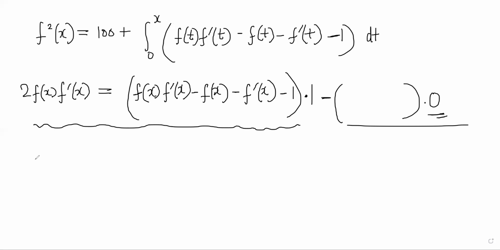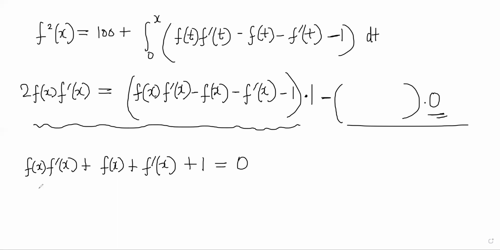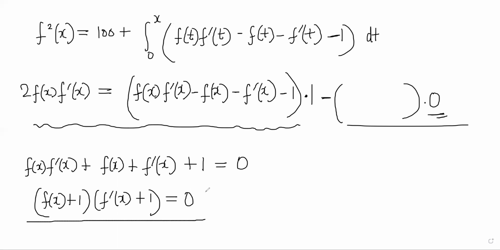Bring everything to the left hand side, you will get f of x, f dash x plus f of x plus f dash x plus 1 is equal to 0, which you can factorize.